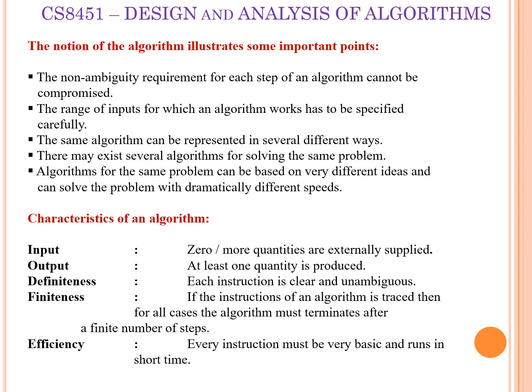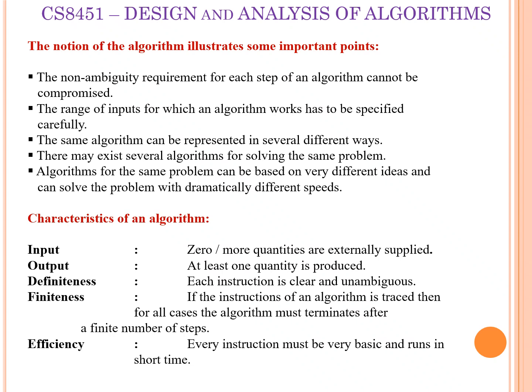So moving on to the notion of algorithm. Here we have illustrated some important points. The first point is that the non-ambiguity requirement for each step of an algorithm cannot be compromised. We cannot repeat the same steps again and again, so it should be non-ambiguous. The second thing is that the range of inputs for which an algorithm works has to be specified, and only then will it give an efficient or expected output.